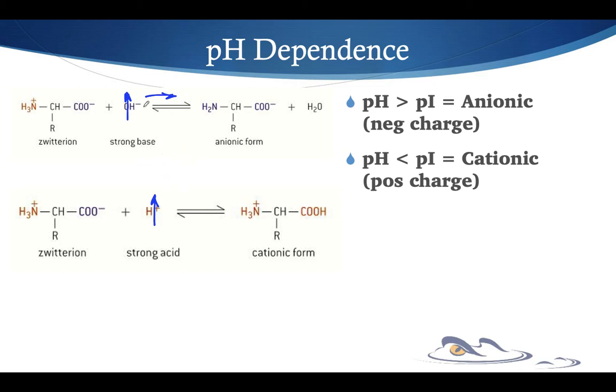Likewise, one more twist on this: if I make this acidic, that's going to be lowering the hydroxide ion concentration, right? That would shift this back in this direction, which would cause the anionic form to become less and less, and the Zwitterion to become more and more.